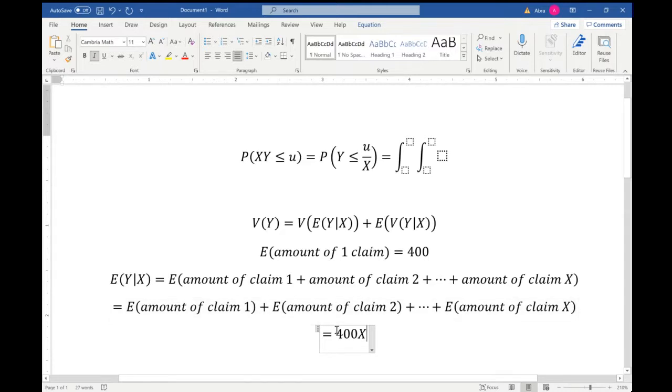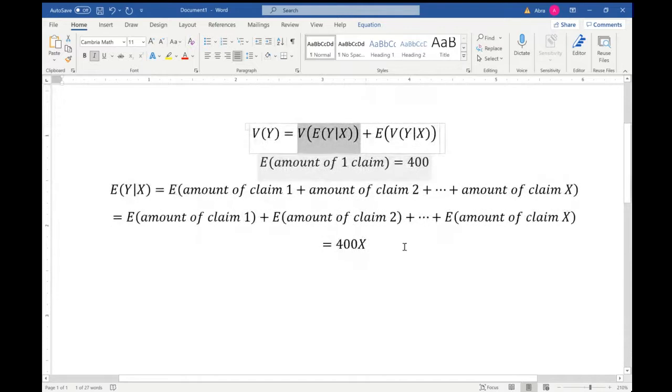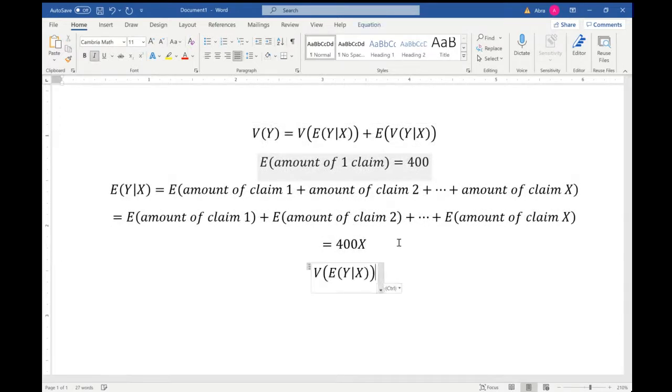So then to find the variance of that, the variance of the expected value of y given x is going to be just the variance of 400x. What's the next step in computing that?